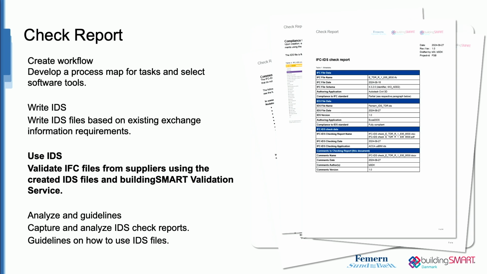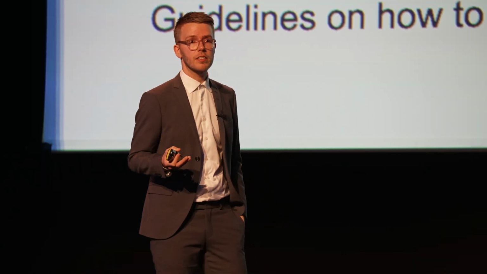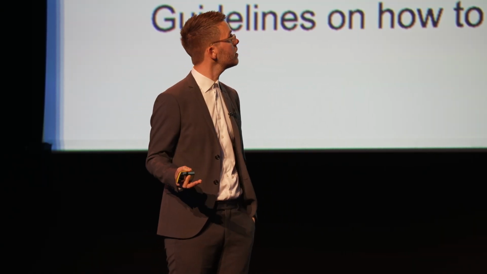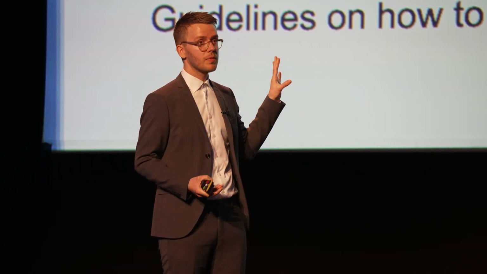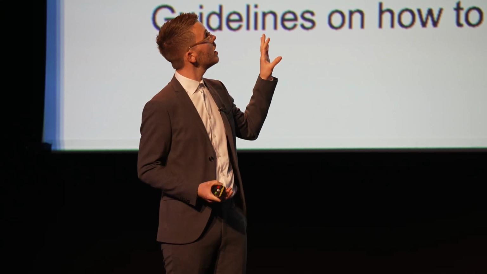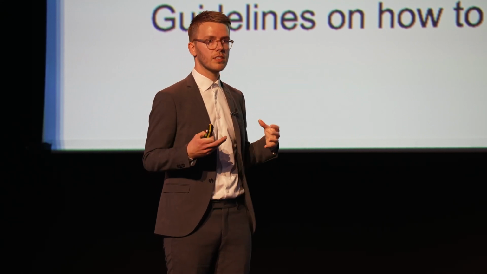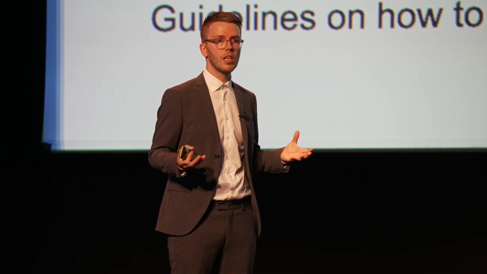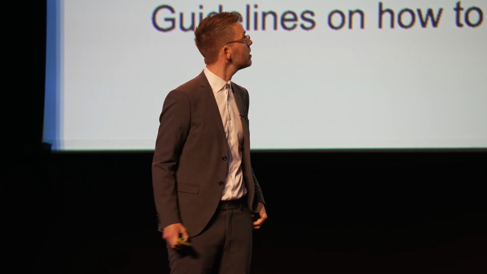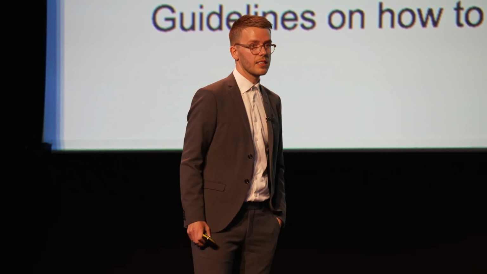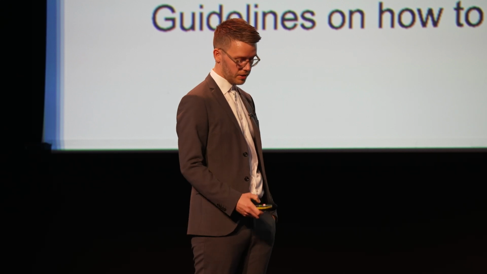There we have used the IFC validation service to document the status of the file, and to document that the IFC file is working correctly according to the standard. And last but not least, we have a summary of the information status within the model, which we have handed over to Fehmarn, and then they can act on that information.